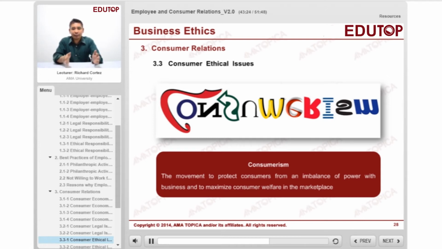Consumers should always be protected. The movement should always advocate for quality goods and services, healthy and legally responsible, ethically responsible products or services.